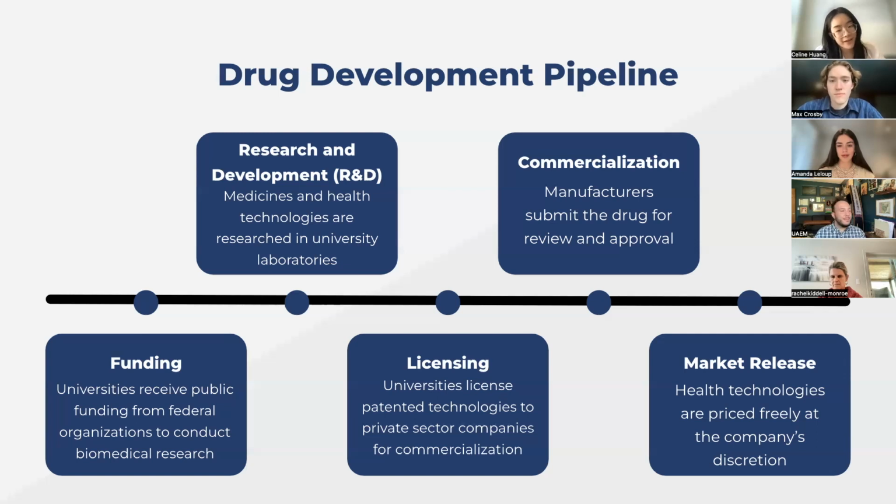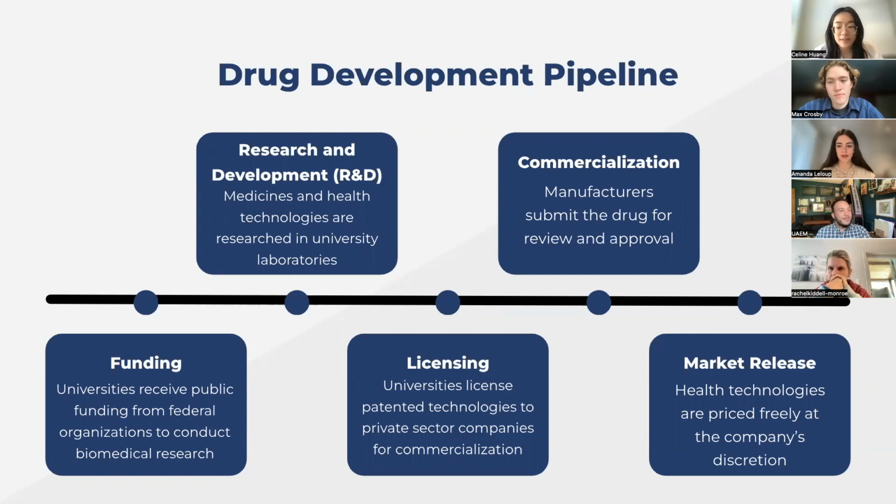The next step for CanRep's journey to market is licensing, which involves an agreement between the patent owner, which is in this case the universities, and a licensee, which is often a private company, which allows the licensee to use the patented research to produce the technology for market. Often without explicit policy stating otherwise on the part of the university, this arrangement gives the licensee sole control over the production of the technology, allowing them to price it however they wish.